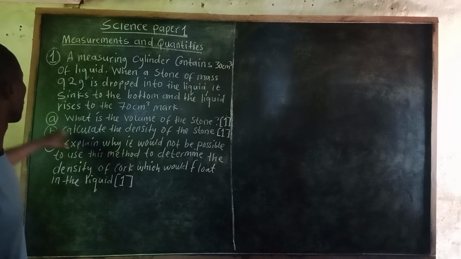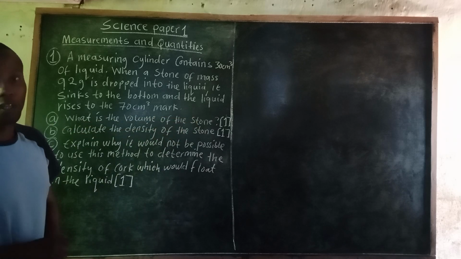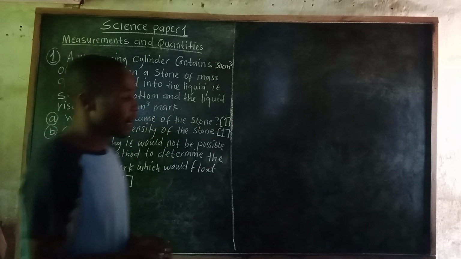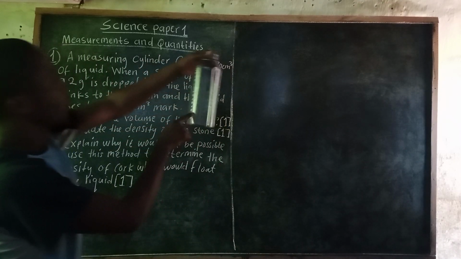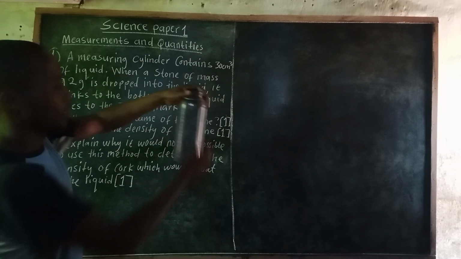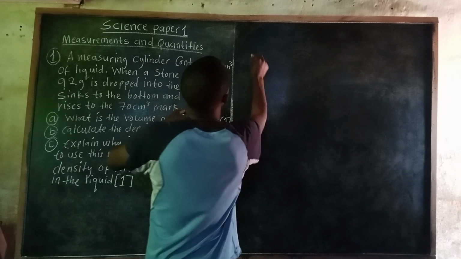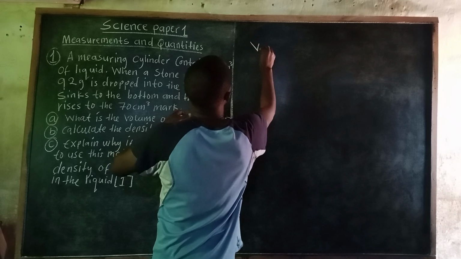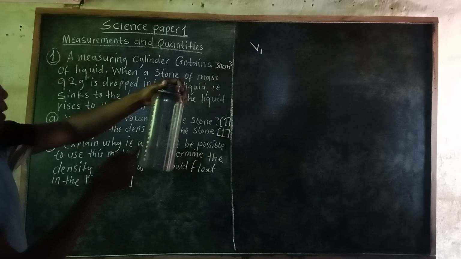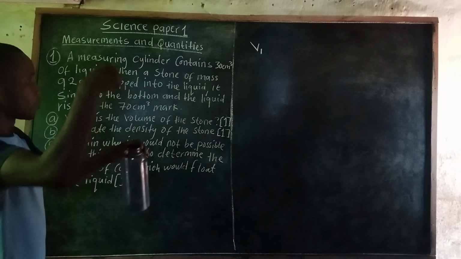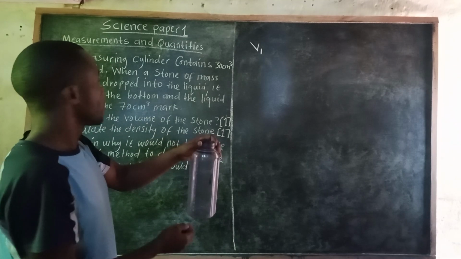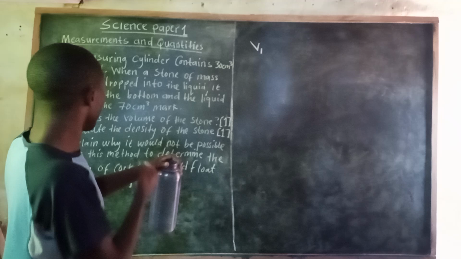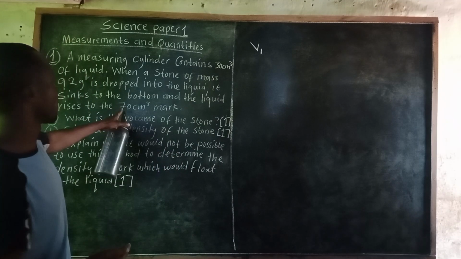Like the way we have understood this question by demonstrating the measuring cylinder, now it will be very easy for us to know the volume of the stone. So what are we going to do? We are going to mark the first volume, before the stone is sunk. We are going to name it as volume 1. Now, when the stone was dropped in that particular liquid, the water rose to a certain volume, which is 70.